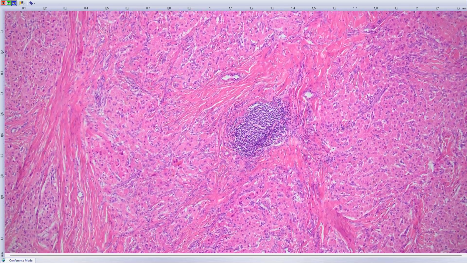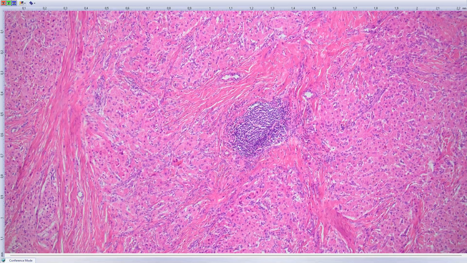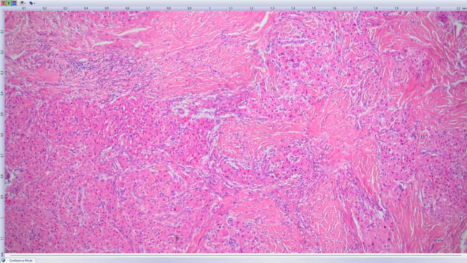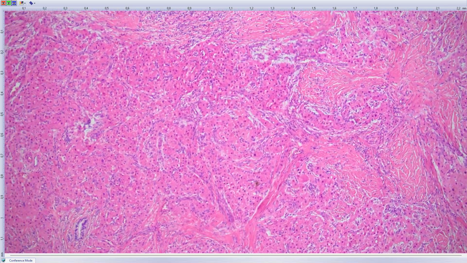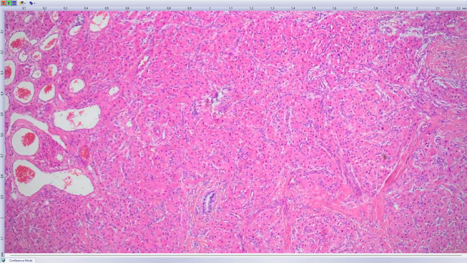Another typical feature of tumors of adrenogenital syndrome is the presence of lymphocytic infiltration, like here. Another thing is the presence of more variable tumor cells or lesional cells in the case of tumor of adrenogenital syndrome.